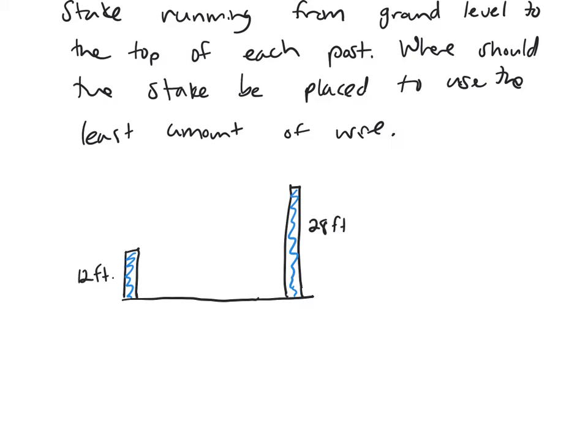And in total, they're 30 feet apart. So the distance here is 30. And then there's a stake somewhere between them, and I'm running wire up to the top. Here's wire, and there's wire up to the top of the post.